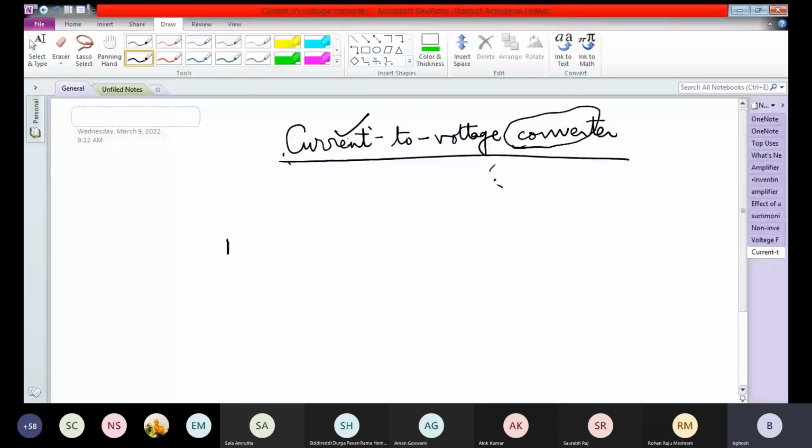So we have a current source directly connected to a resistance. I mean, this is a parallel resistance of the current source. And this is connected to an operational amplifier.